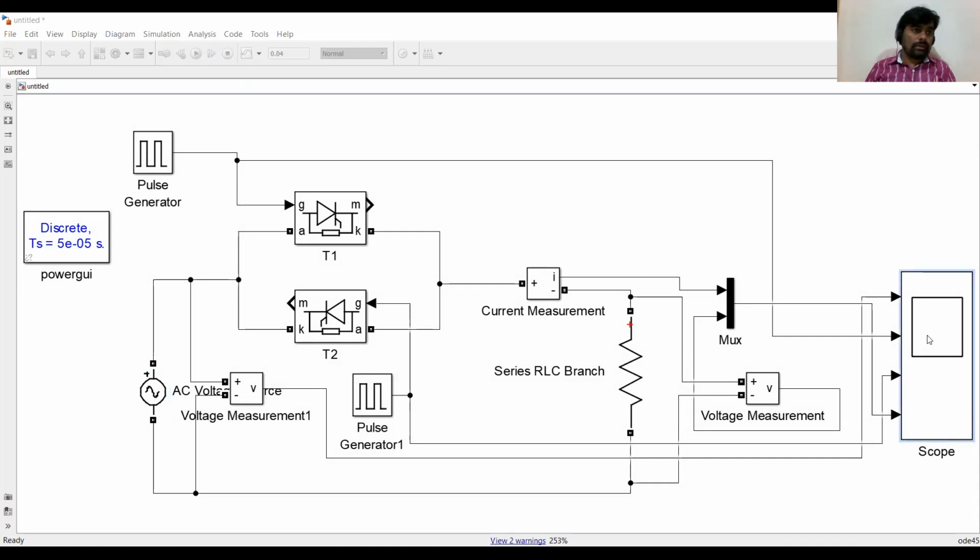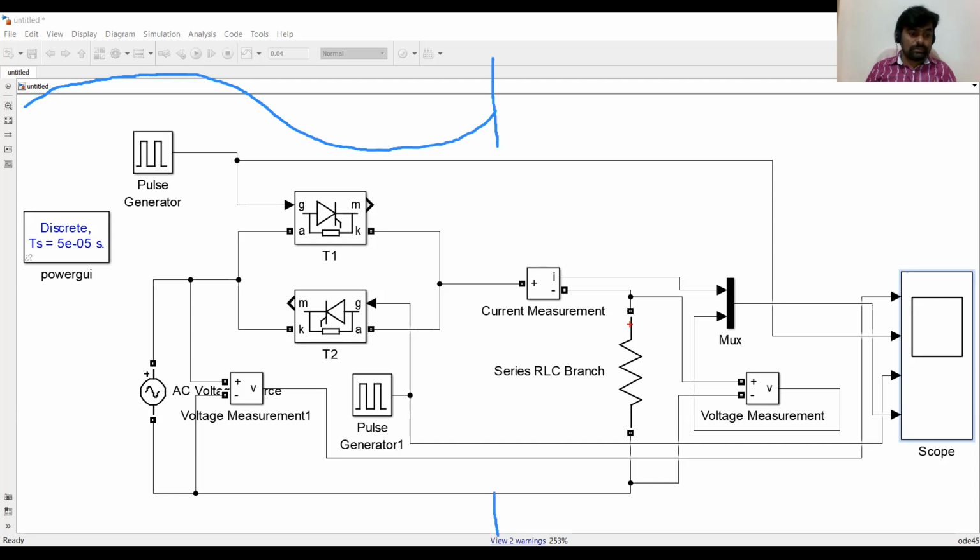Let me increase the line width for the second line. Let me replace it with black color, that is the current wave shape. So it is increased to, let us say, 3. Now you can see, this is our input voltage.